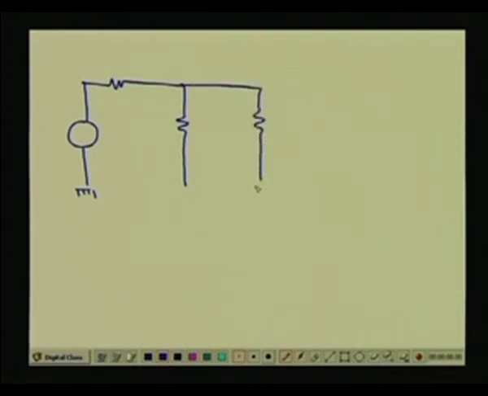Let me draw the equivalent circuit of the entire system. This is the pH voltage which we are getting, then the source impedance, then the impedance of the meter, then an amplifier which has a gain of 3, because if you look at the values of Rf and R1, you will find the gain is 3.